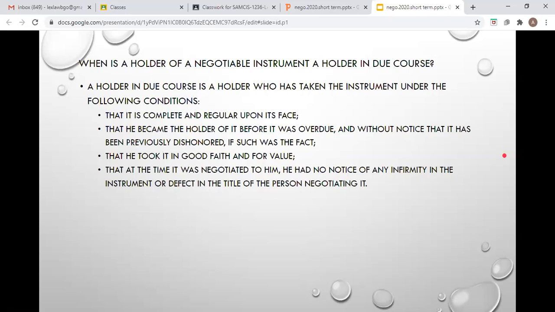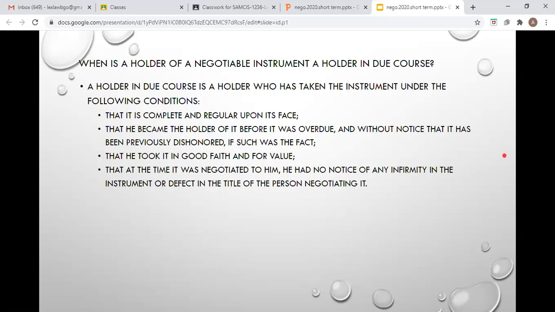Take, for example, there are insertions, but they were not countersigned. There were erasures, but they were not countersigned. Though the instrument is considered complete, it's no longer considered as regular on its face. Because basic is the rule that if there are erasures or there are insertions or intercalations in the instrument, you have to countersign it to prove that you are really the one who made those insertions and intercalations.